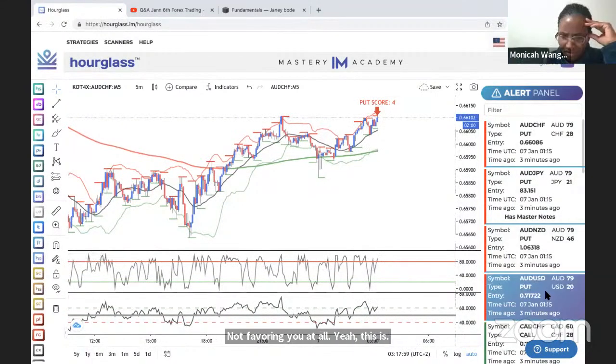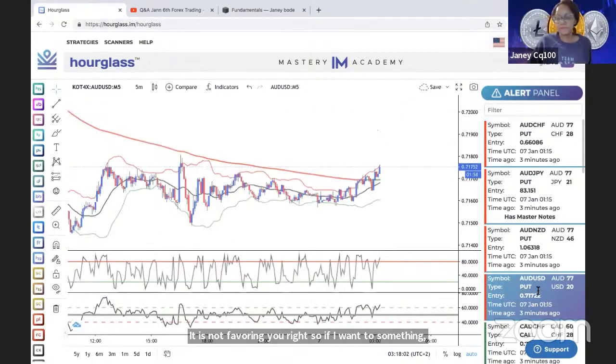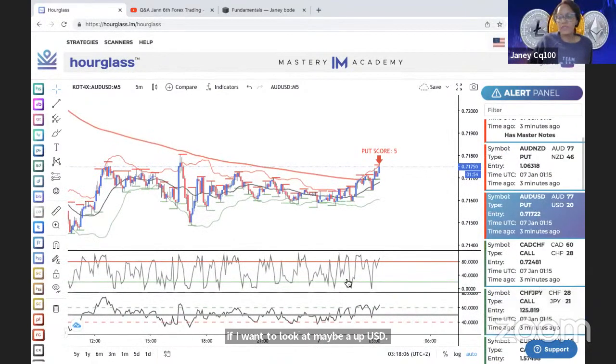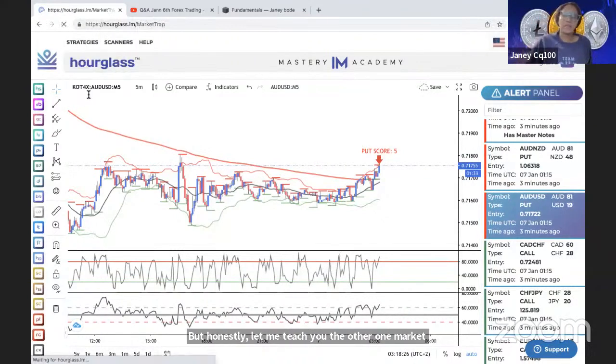If I were to look at maybe AUD/USD, I would be looking at the line just crossing up here. But I don't like it if the line is even touching the gray. I want it to be floating, which is happening right now. But honestly, let me teach you the other one, market trap. Market trap seems to be easier for a lot of people to grab.